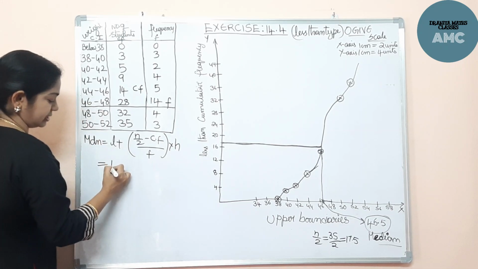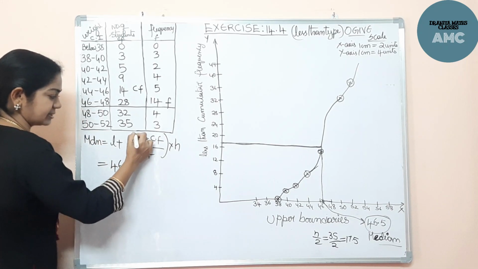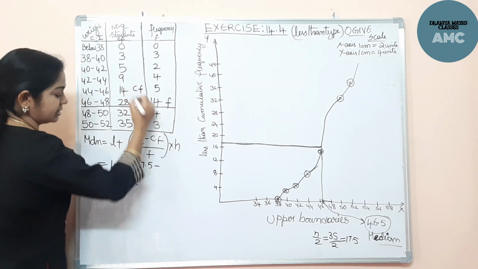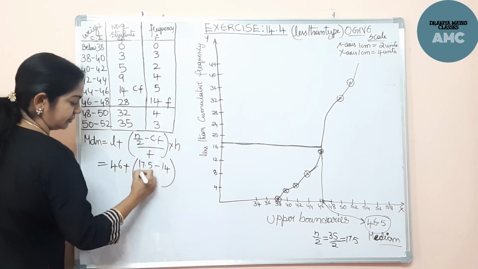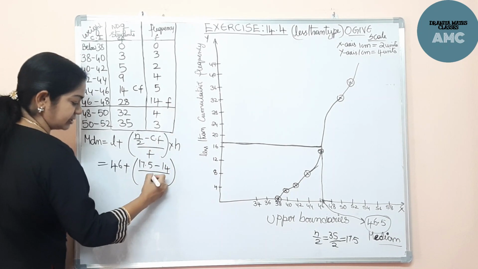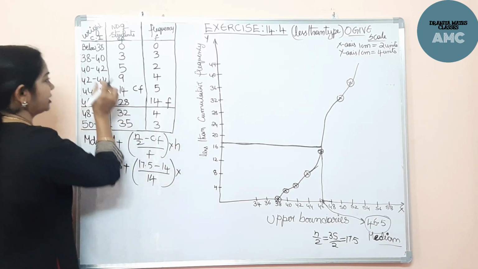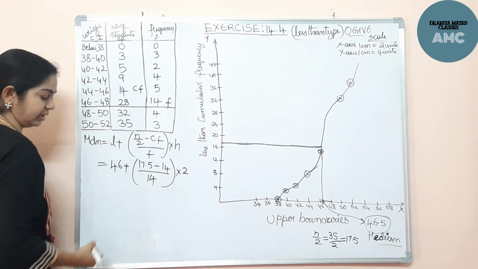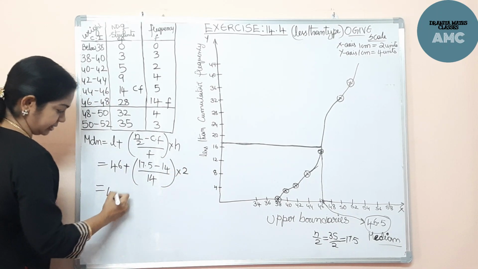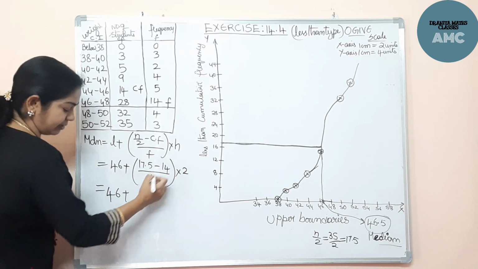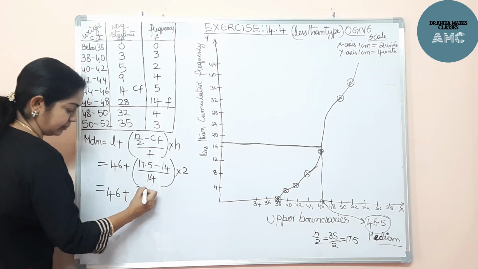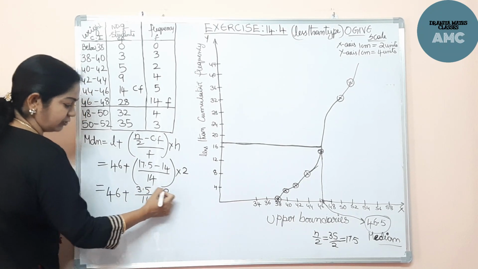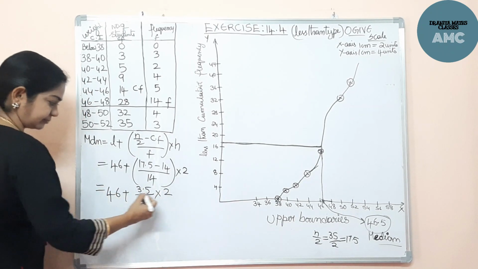L is 46, the lower limit of the median class. n by 2 is 17.5, minus Cf which is 14, divided by f, the highest frequency, 14, into h. h is the size of the class interval, which is 2. So 46 plus (17.5 minus 14) is 3.5 by 14 into 2. 3.5 into 2 is 7.